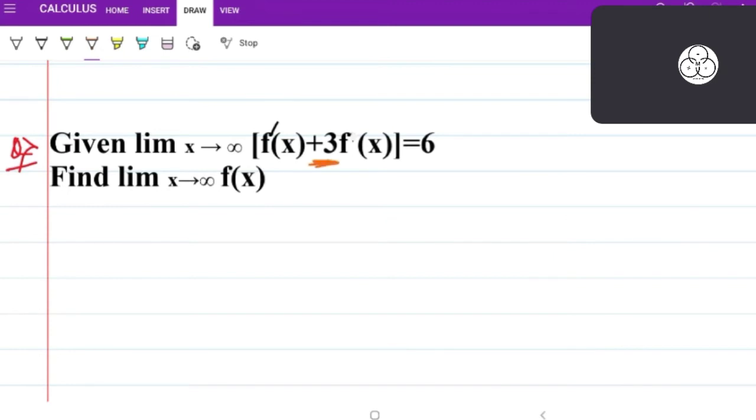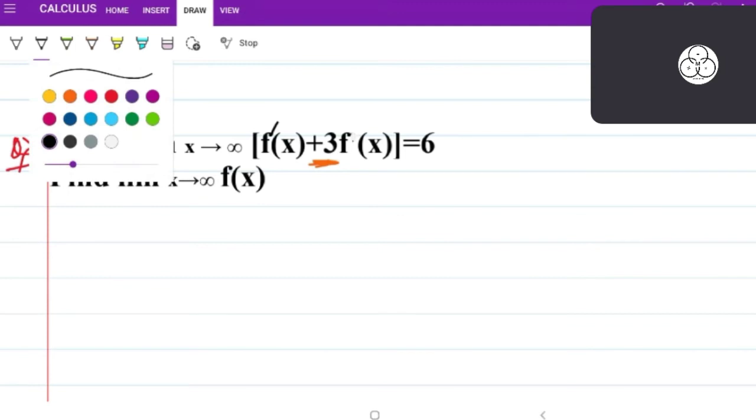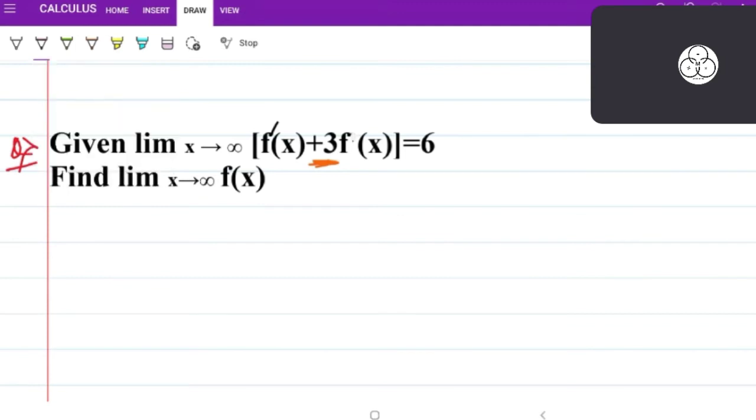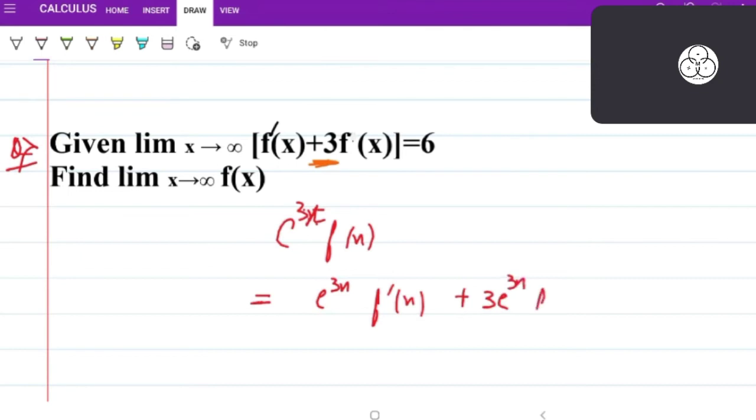From where will this extra 3 come? See, if we differentiate e to the power 3x f(x), we get e to the power 3x f dash x plus 3 times e to the power 3x f(x).